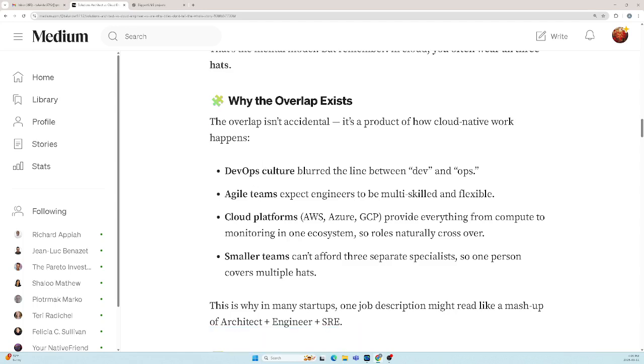DevOps culture, agile teams, we know already. Cloud platforms provide everything from compute to the monitoring ecosystem. For example, if we go to AWS, we can do everything there. They have a CI/CD pipeline with AWS CodePipeline, they have EKS clusters, they have monitoring tools like CloudWatch and Grafana, and they have all the security tools.